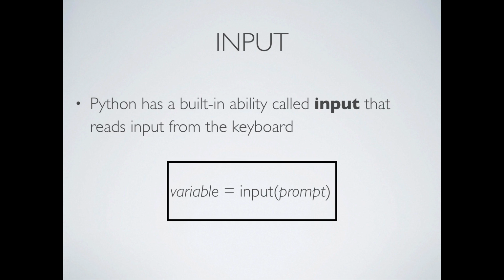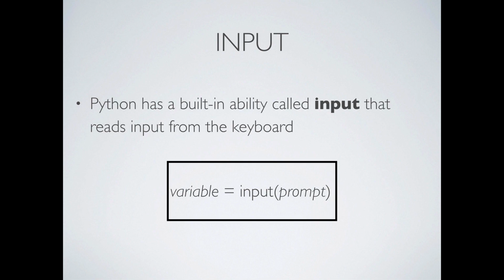So input is another one of these Python keywords that we've been talking about. And the way input works is you write out an assignment statement, right? We talked about assignment statements when we talked about variables. So you have some variable name here. Here variable is some name that makes sense for the program that you're writing and also that abides by the rules and guidelines of naming variables in Python. You have an equal sign because we're doing an assignment statement.